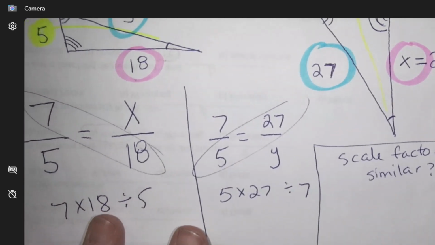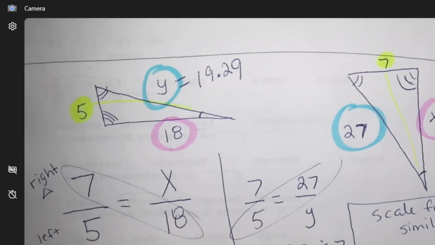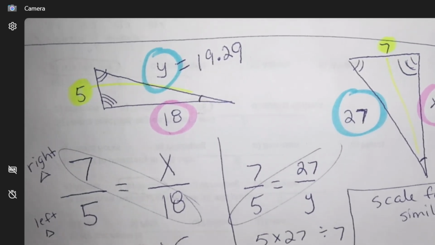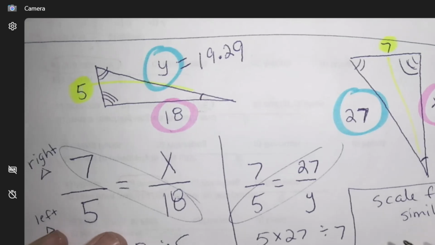Okay, so what if I asked you about scale factors, or what if I've asked you about similarity? Oh, you're way ahead of me. Okay, so to get a scale factor or to understand the similarity, you have to understand the proportions of the sides.